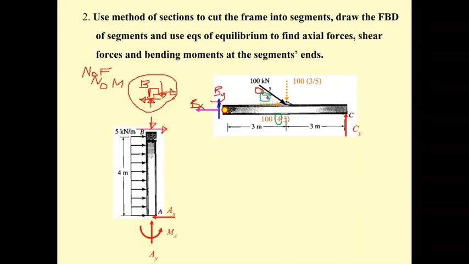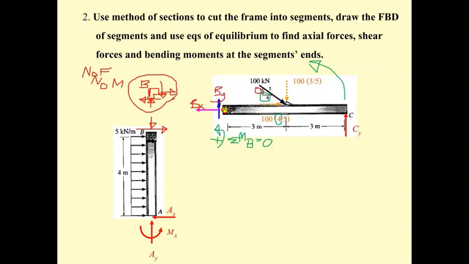By determining the forces, we start by taking the summation of moment about B equal to 0. And then the C sub y is going to rotate like this. Counterclockwise rotation is positive.